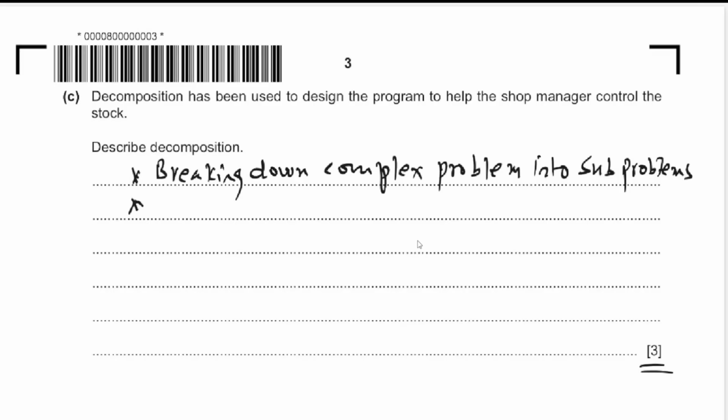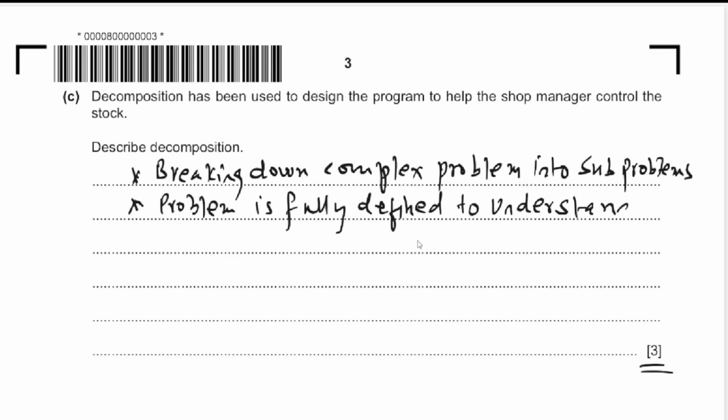So these subproblems, so that the problem is fully defined, to understand various parts of the task. All right.